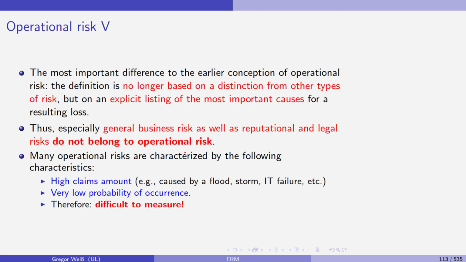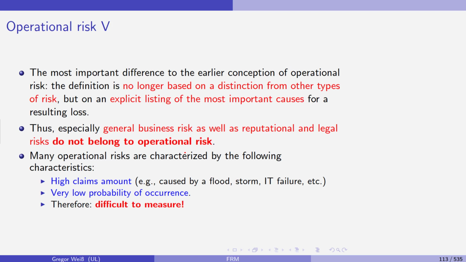So what are the usual characteristics of operational risks? Very high claims amount. For example, you have a flood, you have a storm, you have an IT failure, and if this happens, you have a huge problem. So if your IT system fails, if you have a natural disaster, if your banking headquarters is flooded, usually you will incur very, very high losses.